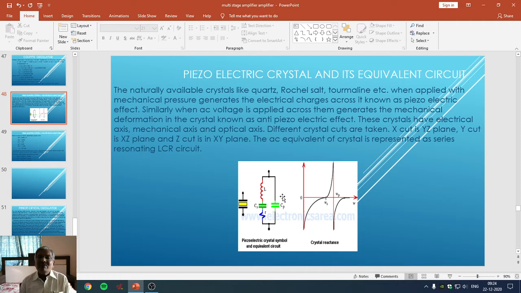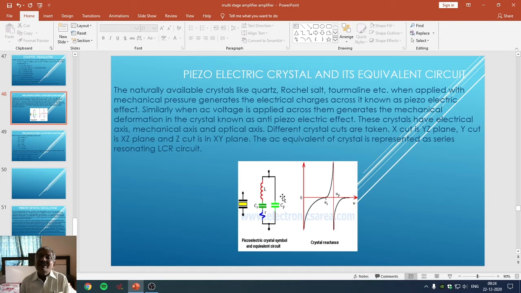Maybe it is a Rochelle salt, a quartz crystal, or a tourmaline crystal, all these crystals behave like this. If you apply mechanical force across the two faces of the crystal, then electrical charges are generated on the opposite faces of the crystal.